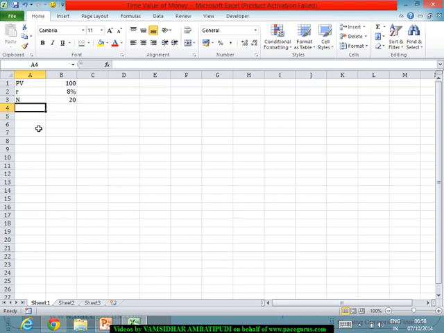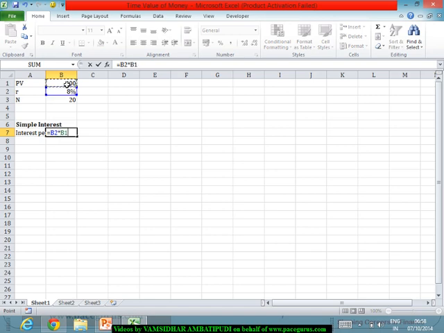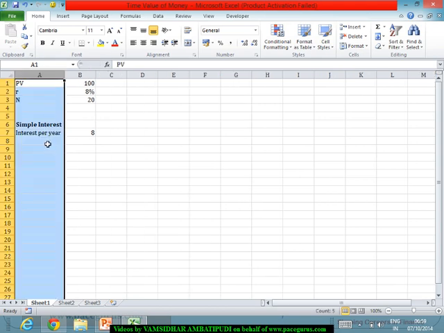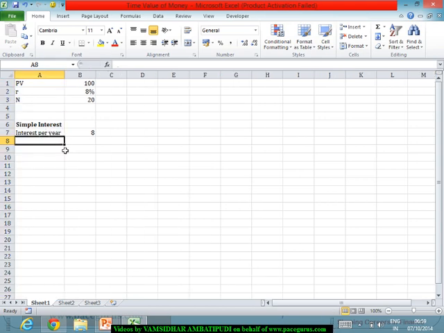So if I go with a simple interest mechanism, what am I going to receive? Every year the interest is 8% of 100. So 8 is the interest every year. Interest per year is going to be $8, which is 8% of my present value, and we are talking about a 20-year period.